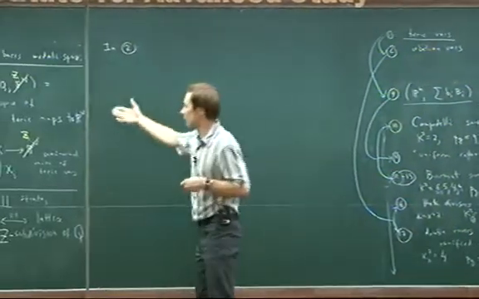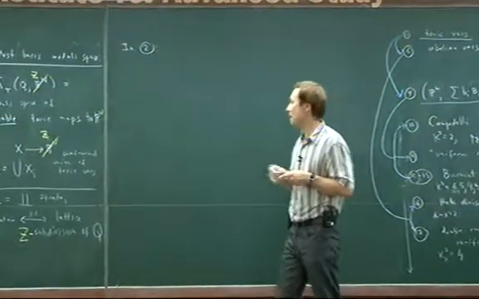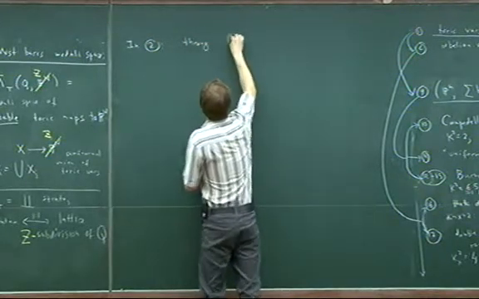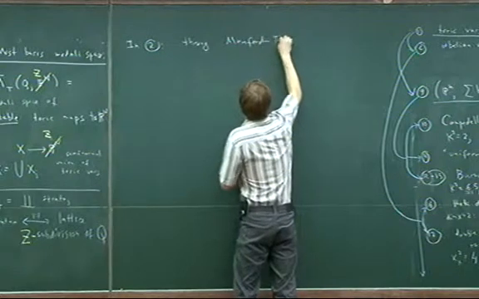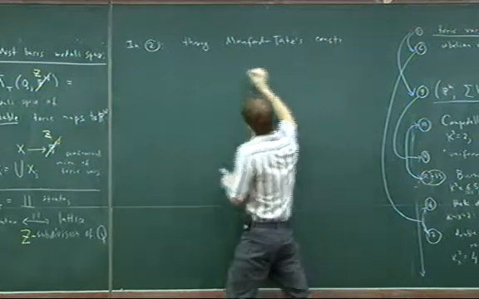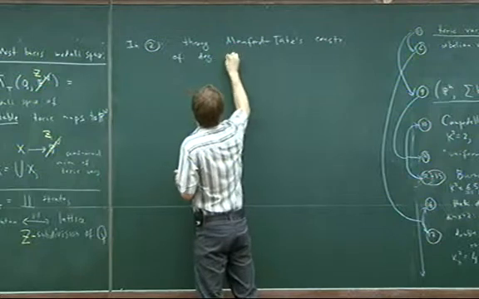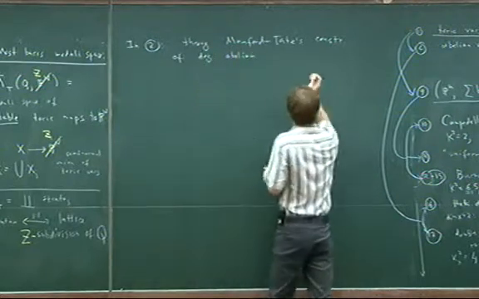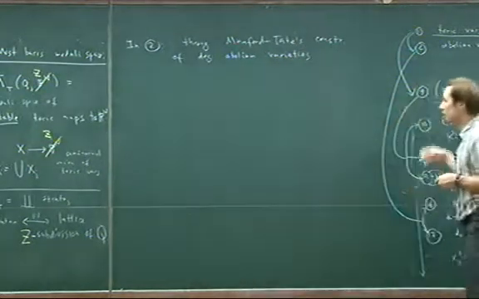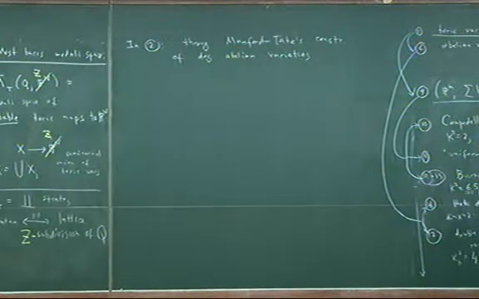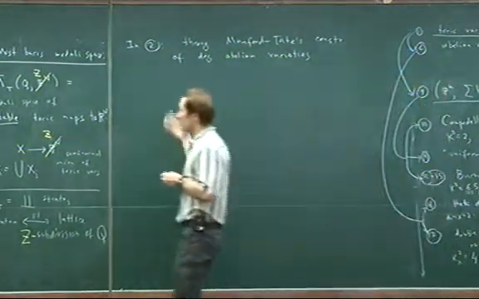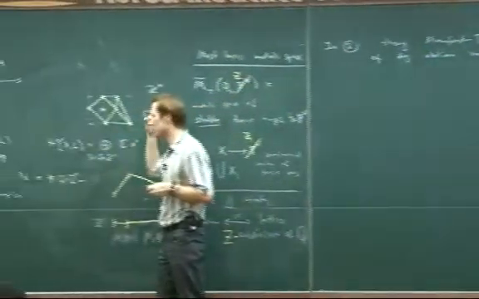So number two is an application of this construction, but which goes through the Mumford-Tate construction of degenerating abelian varieties, which tells you that if you have a one-parameter degenerating family of abelian varieties, then near the boundary, you can model it on a toric picture like this.